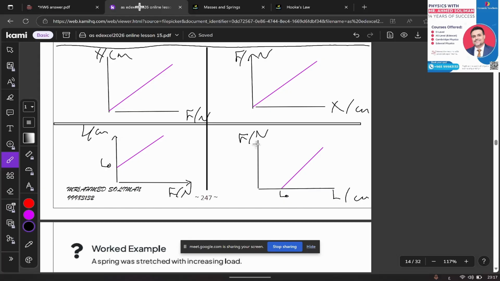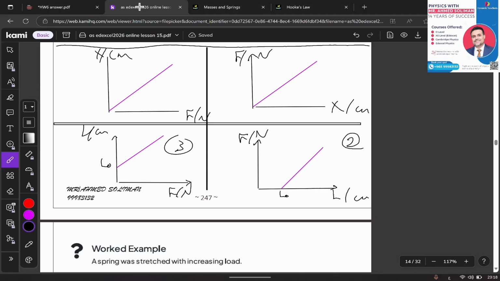Do you understand, Habiba? Yes. All of this obeys Hooke's law because it's a straight line. If he asks you to explain why in this case, in 2, for example, and 3, it obeys Hooke's law although it doesn't start from the origin point, we will say, because it is not an extension force diagram, it's a length force diagram.